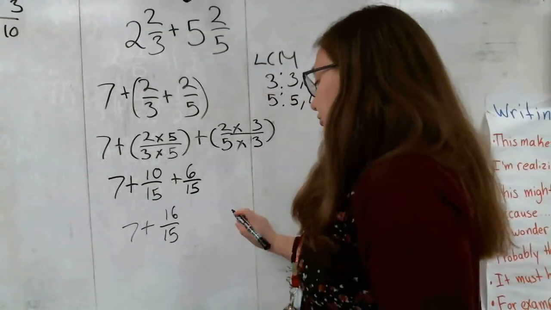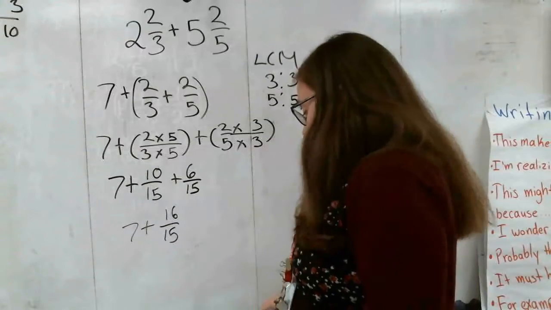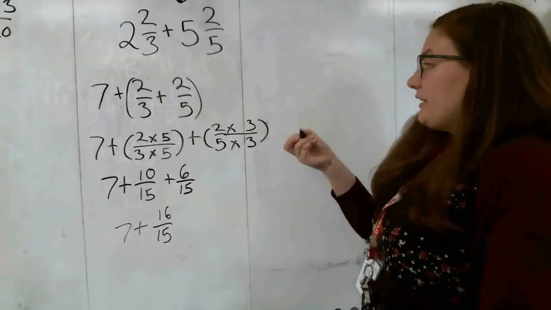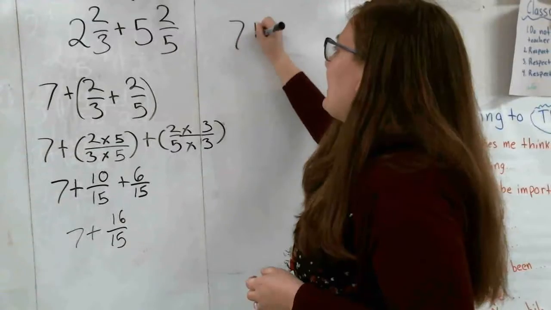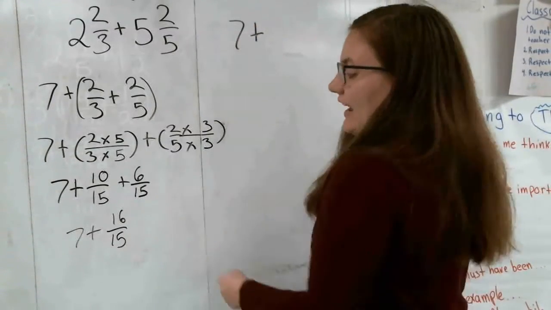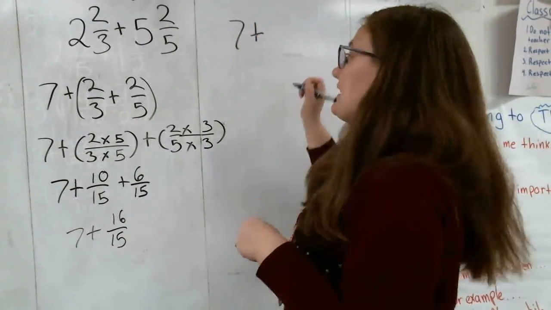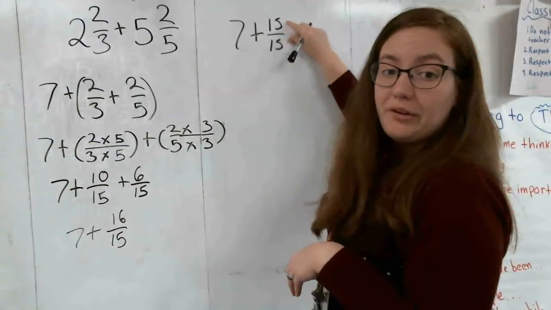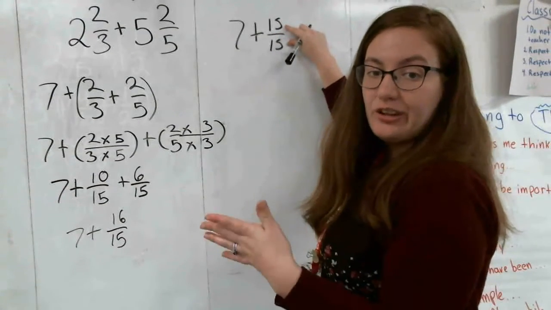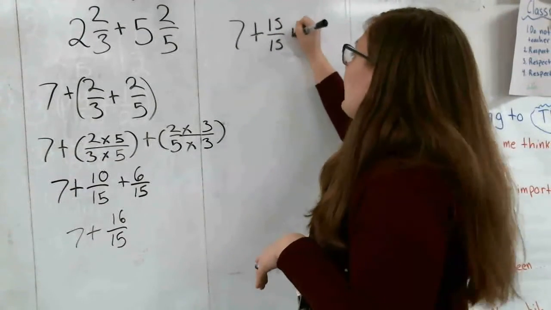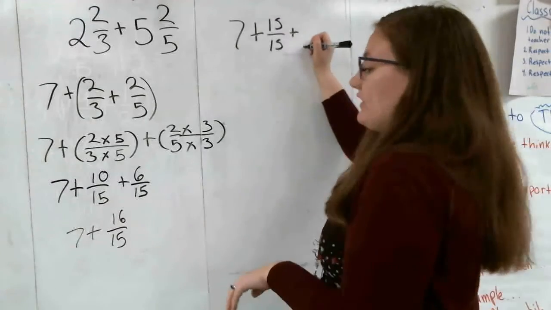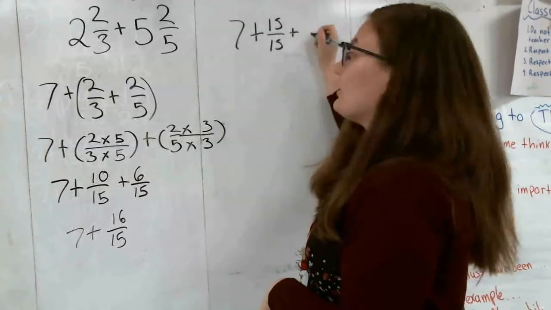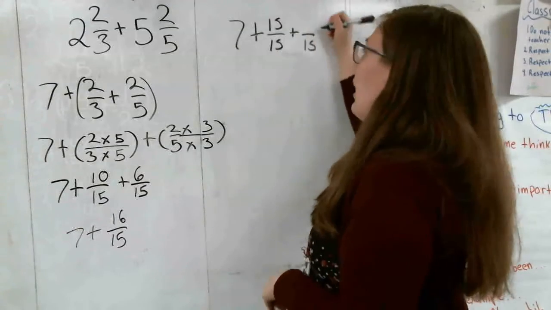So to do that, we're going to rewrite this. And I'm going to rewrite this up here so I have plenty of space. So I'm going to rewrite this problem as 7 plus, since I have 16 15ths, I want to create a whole number out of those 15ths. So I'm going to write 15 15ths because I know that will equal 1 whole. And then I'll add the remainder to get those 16 15ths. So 15 plus what will give me 16?